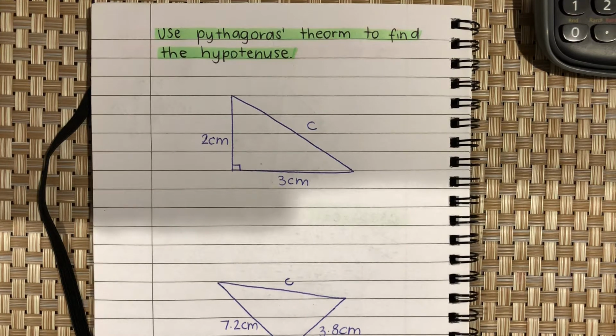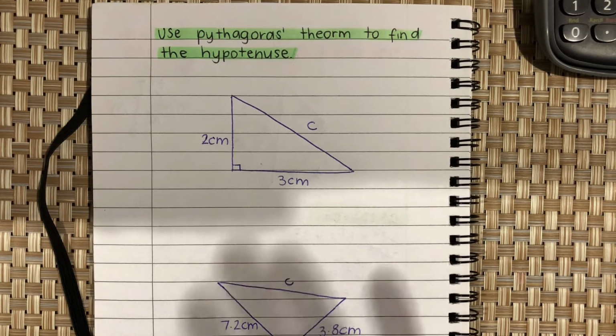Alternatively, you can have a look at the Word document that I've uploaded to Daymap, because on the first page it has written explanations of what Pythagoras' theorem is and how it's derived from its formula.